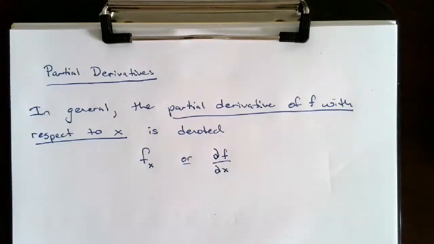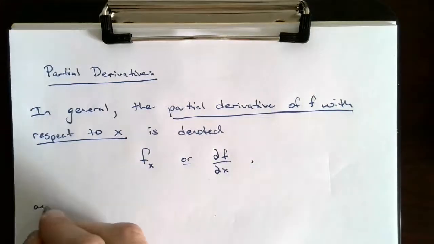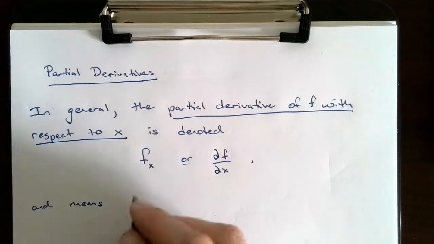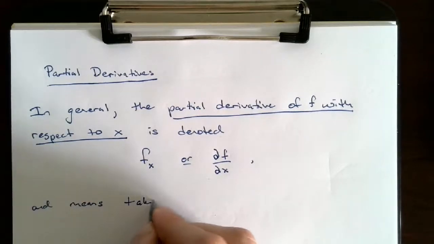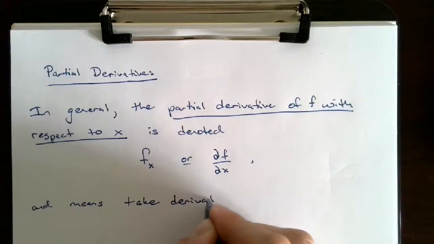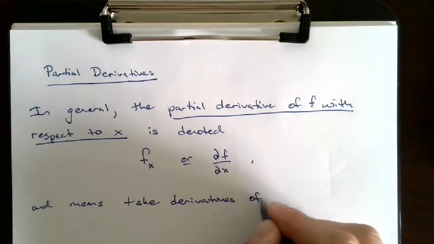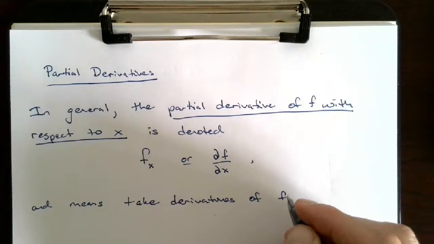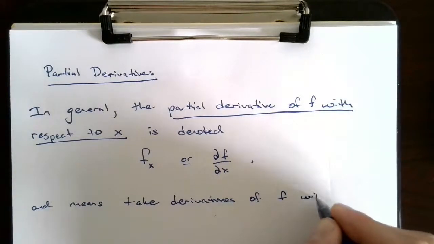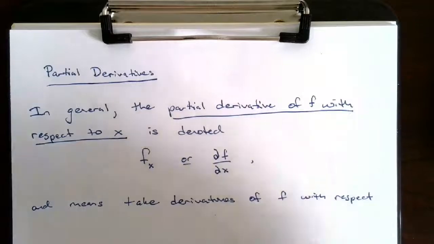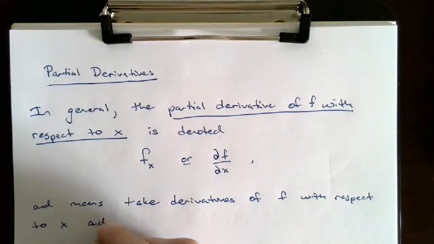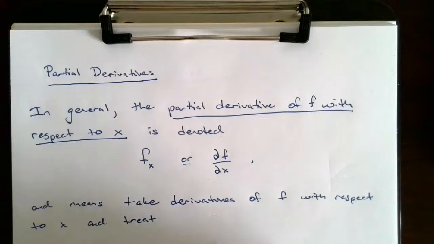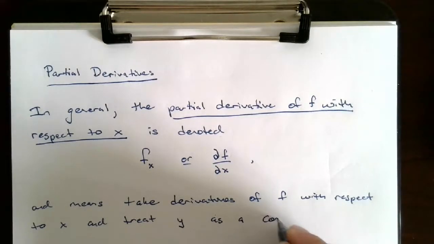Remember, f is a function that's going to be of several variables now. So it's denoted like this and means take derivatives of f with respect to x and treat the other variables, in this case just y, as a constant.